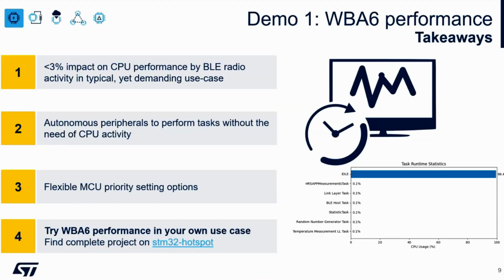So let me go to the takeaway, the wrap up of what I wanted to show. Still with the convenient architecture of WBA6, for a typical Bluetooth application, we are below 3% of performance taken by the RF. Still a lot of time is spent in idle, prepared for any task in your application.